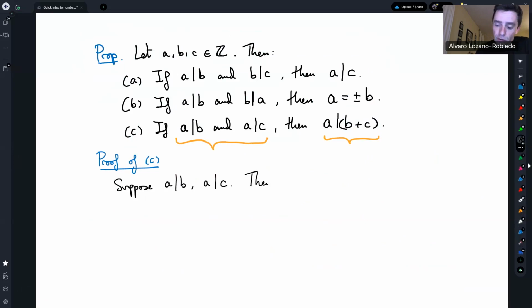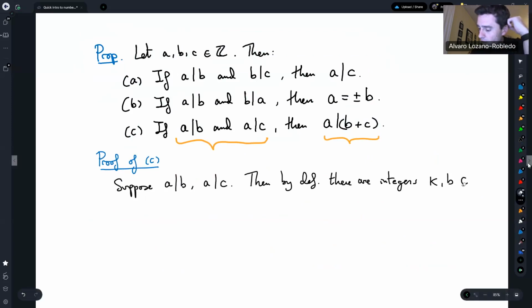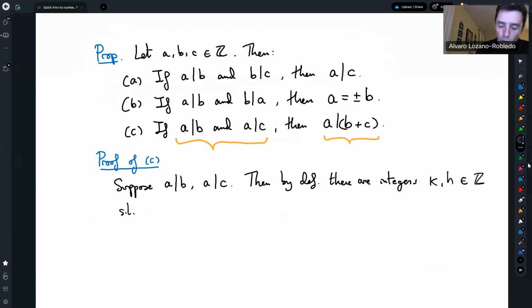Then by definition of divisibility, there are integers, which I'm going to call K and H, such that A divides B means B is A times an integer, which I'm going to call K, and C is A times an integer, which I'm going to call H. Thus, what am I trying to prove?